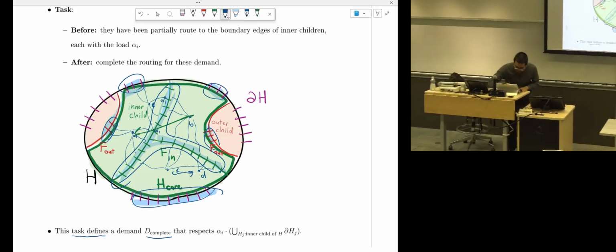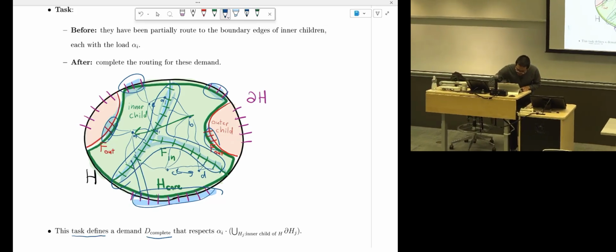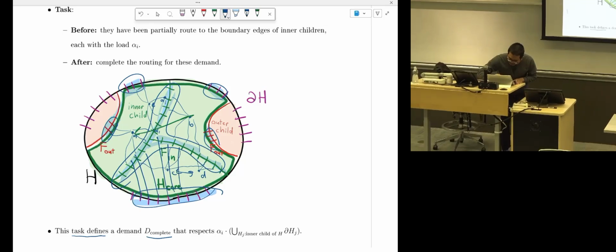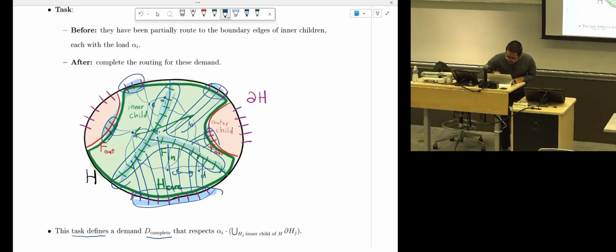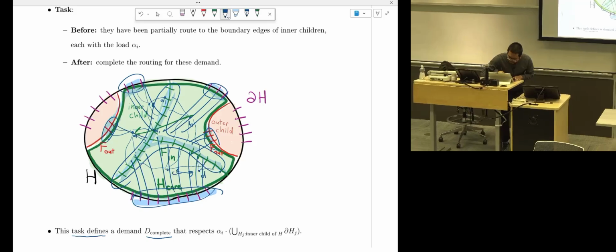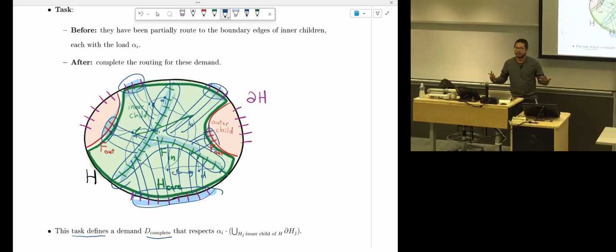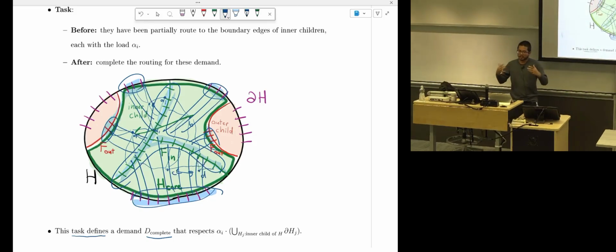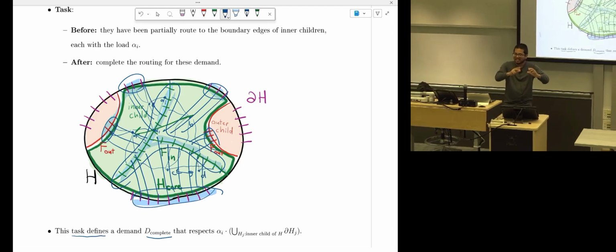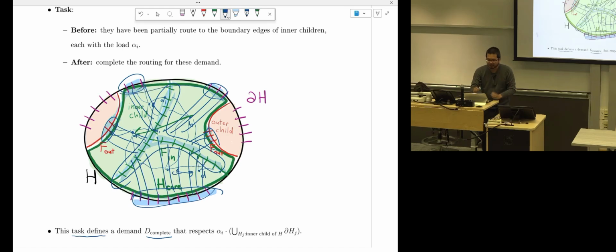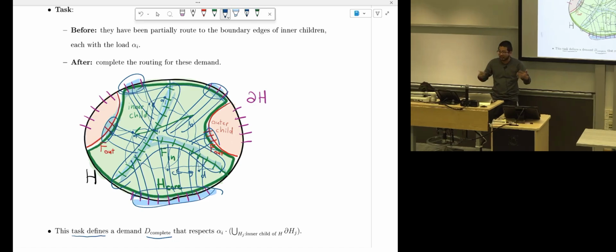So we know that actually all these edges can send flow to F in. All these guys can send flow to F in. Right? So I claim that if F in is expanding, and this boundary of the core can send flow to F in, then the union of them needs to be expanding too.